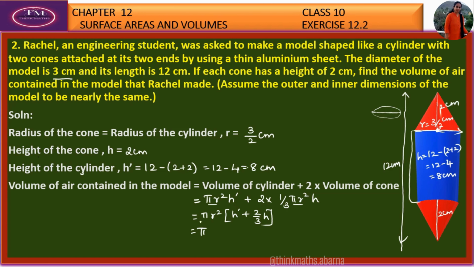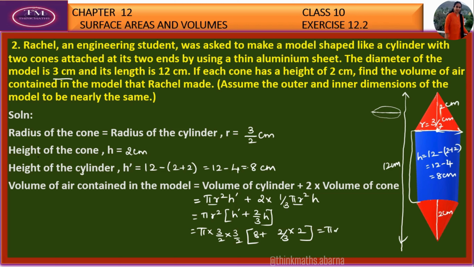What is the radius? The radius of the cone and the radius of the cylinder are the same, which is 3 by 2. So r squared is 3 by 2 into 3 by 2. What is h dash? It is 8. So 8 plus 2 by 3, what is h? h is 2.